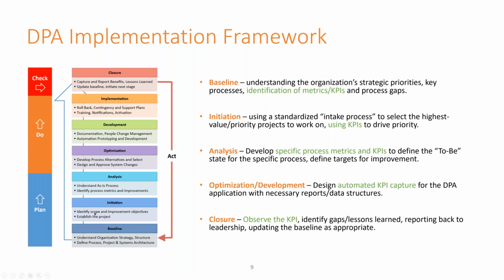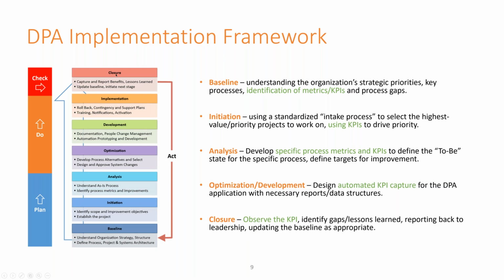That feeds into an intake or initiation process that selects the highest value, highest priority projects to work on using those KPIs to drive priority. And then as you're going through and analyzing and defining the process, you're using those KPIs to drive what the to-be state will look like. And when you're developing your application, you're making sure that the automated KPI capture is there with the necessary reports and data structures.